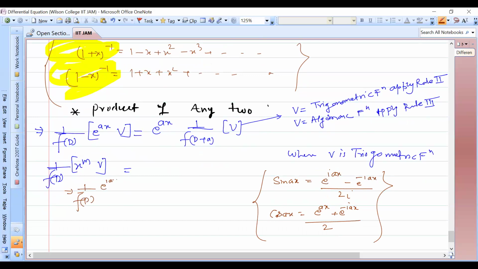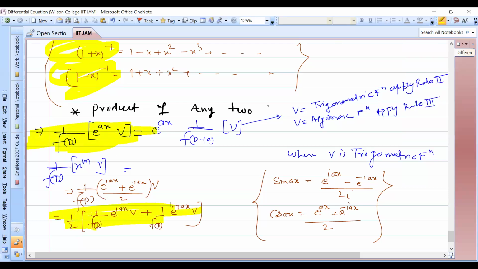I am taking the cosine term first, e raised to iax upon 2 into V. So one can write 1 by 2 outside: 1 upon f of D e raised to iax into V plus 1 upon f of D e raised to minus iax into V. Can you see the previous form here? Yes, sir.